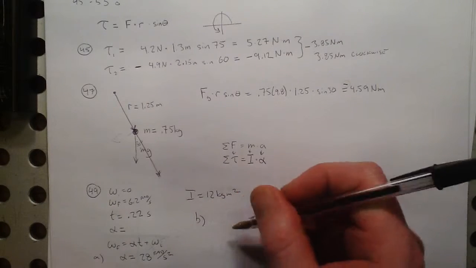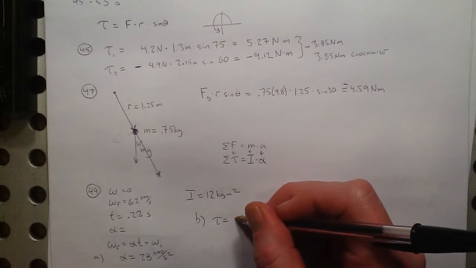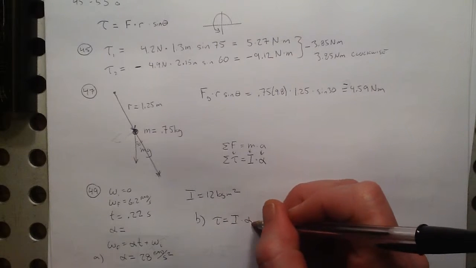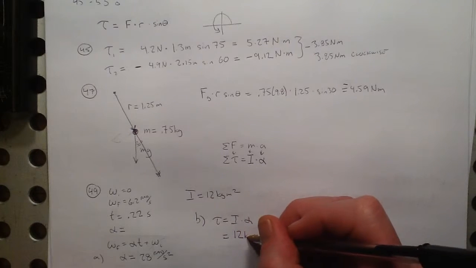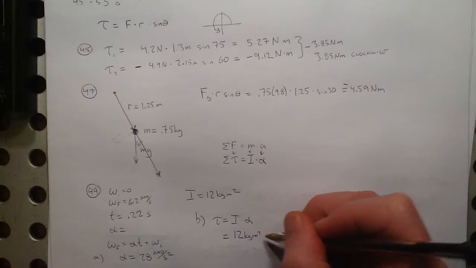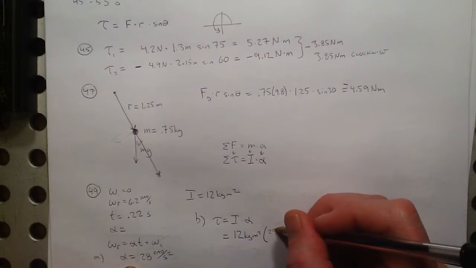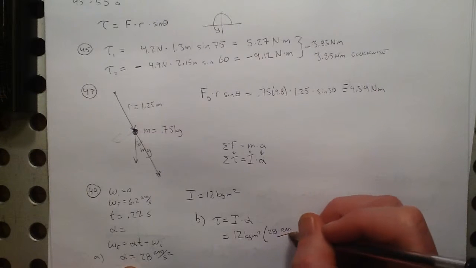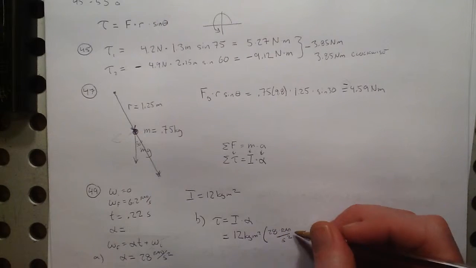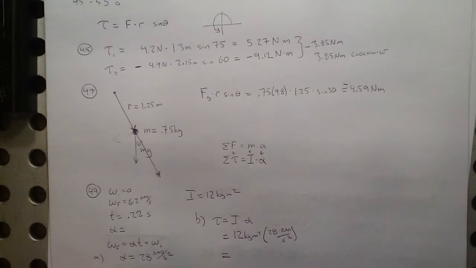So torque is equal to I alpha. So in this case, that is 12 kilogram meters squared times 28 radians per second squared. And you can check to see that the units are dimensionally consistent.